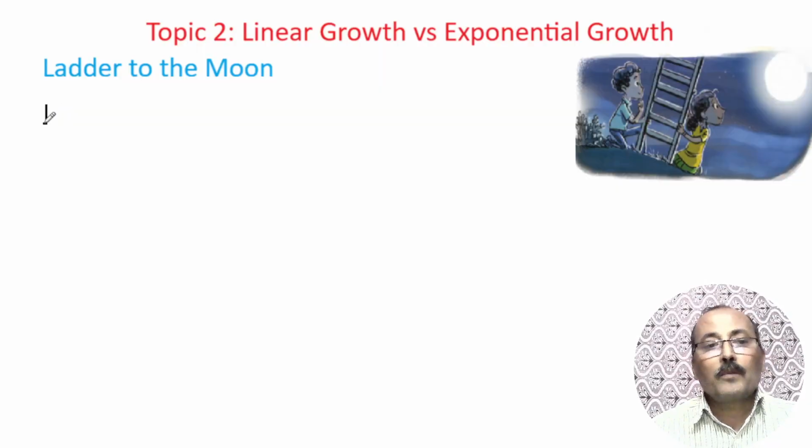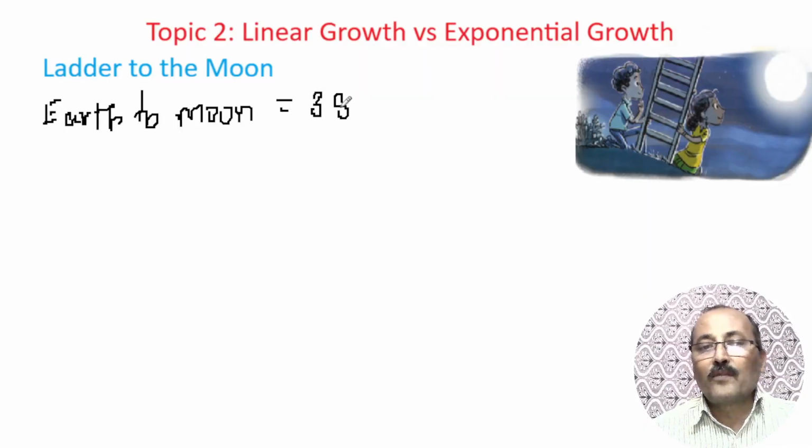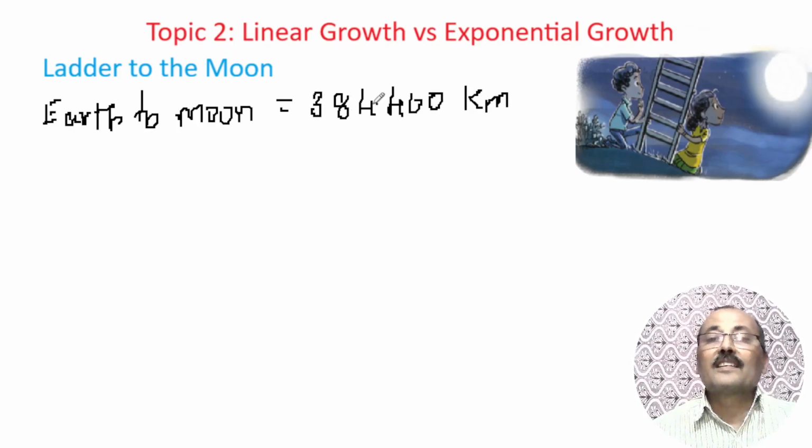Okay, from earth to moon, this is a very important thing: 3,84,400 kilometer is the total distance from earth to moon. Now we have to find out how many steps are required to climb from here to there using that magical ladder. Okay, now let us see.